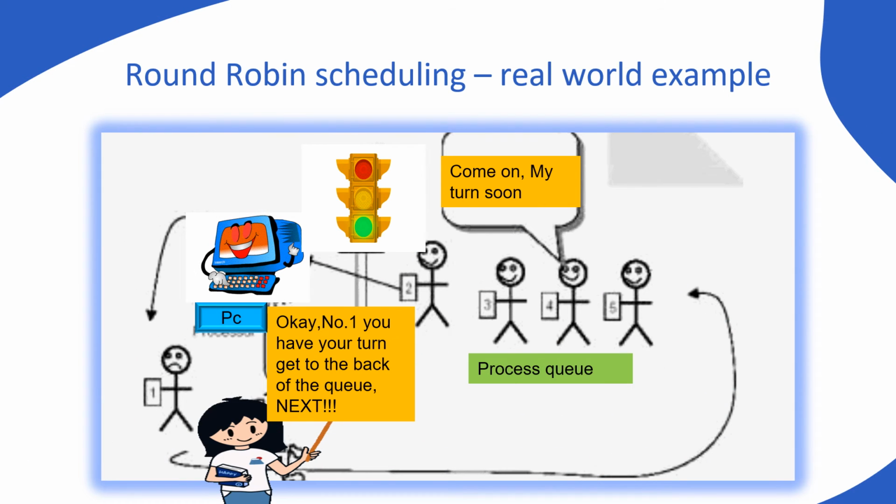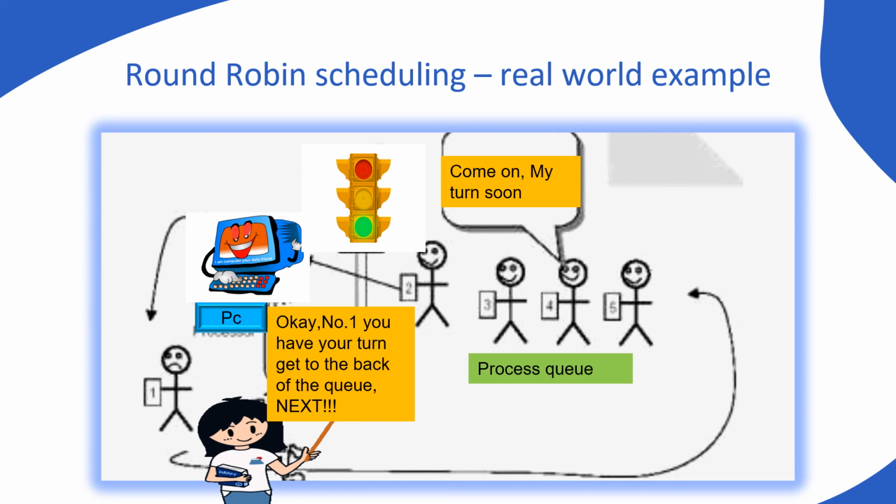Let's move to another example of round robin scheduling. Suppose here we have 5 students. Each student has to do some work on the PC, but unfortunately there is only one PC. So the teacher assigns some time for each student to access the PC. Person 1 gets into the room, accesses the PC, does its work, and if its time quantum expires, it gets out of that room.